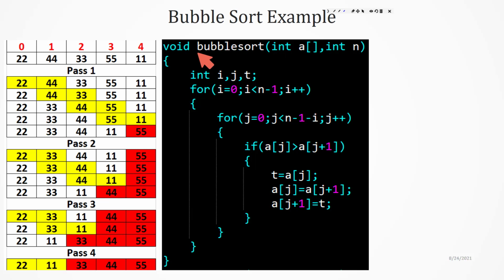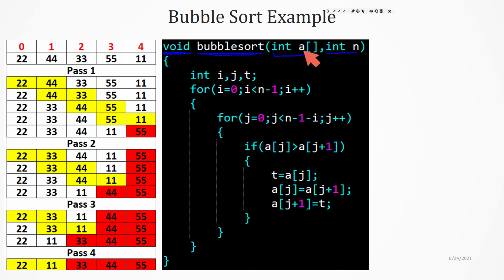So here I have a function called bubble sort. It doesn't return anything. It only changes the values in the array. And it has 2 arguments, an array and n.